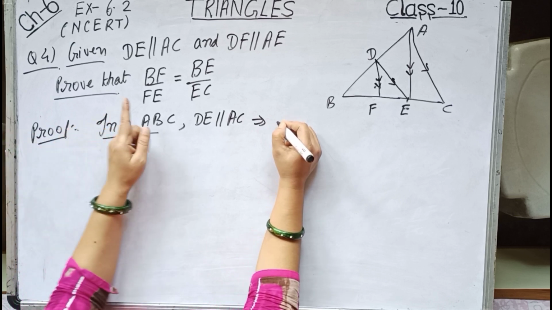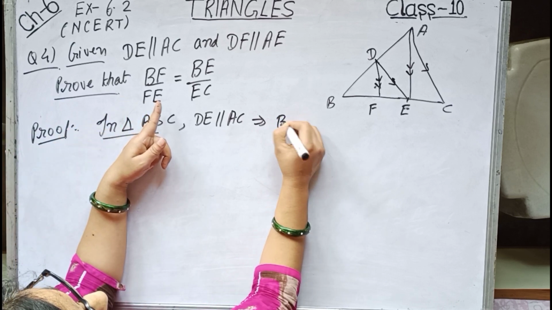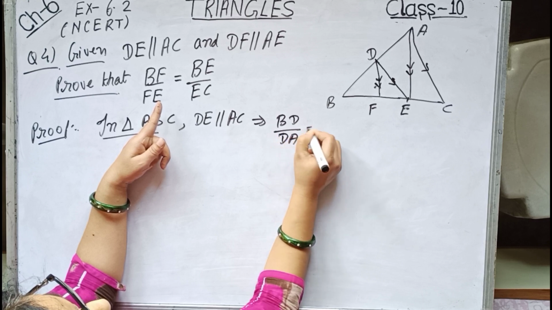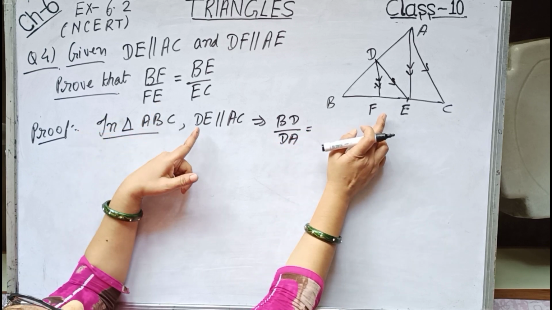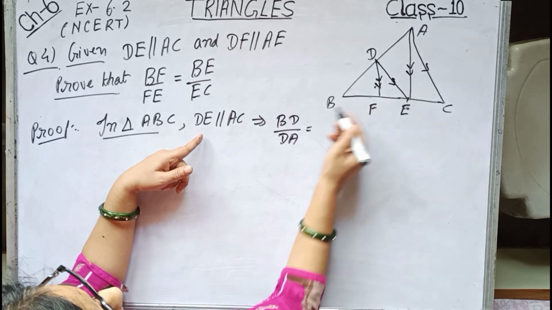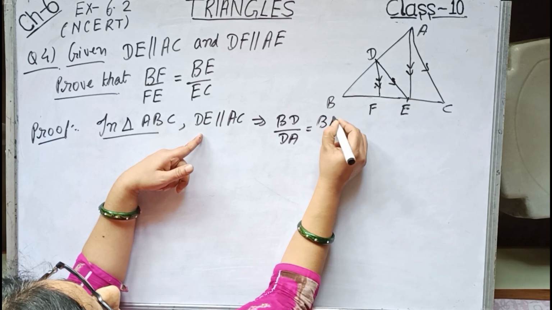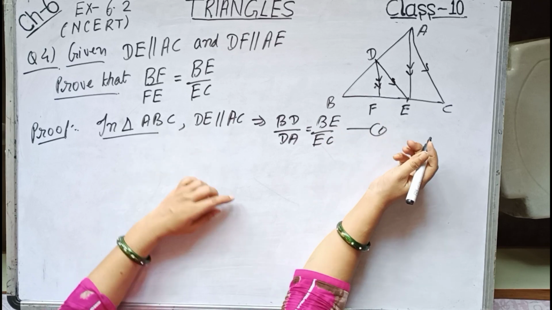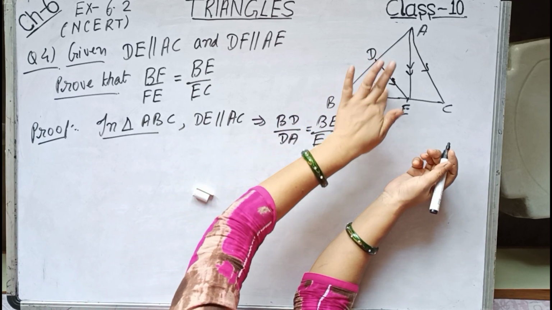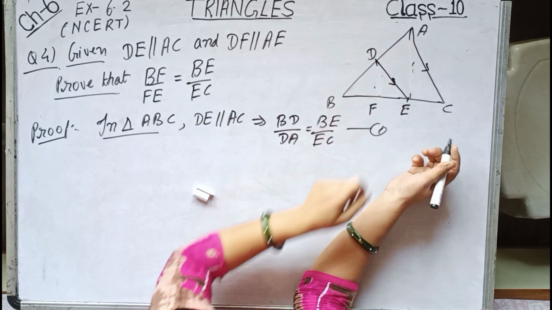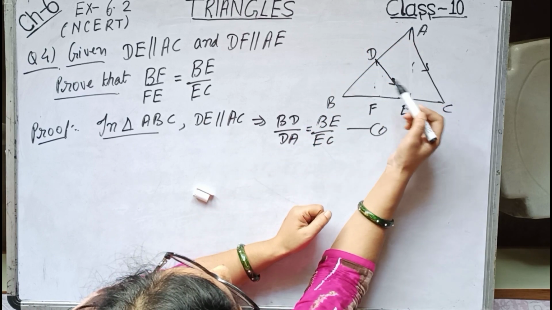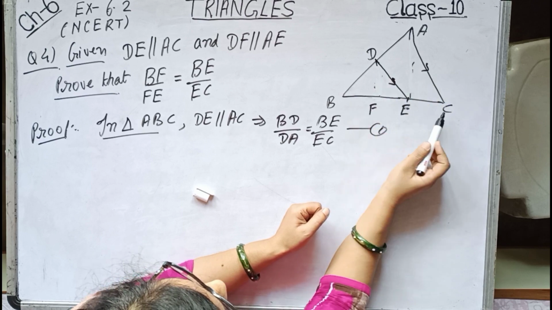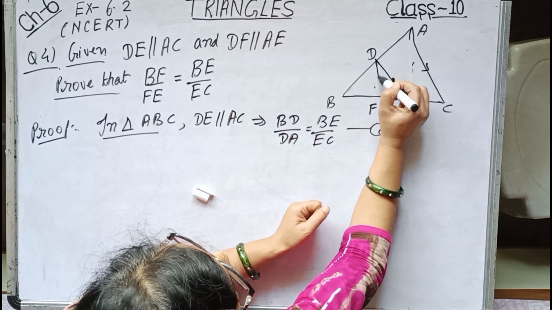This implies BD by DA equals BE by EC. Make it equation 1. Forget everything else. Now simply see, this line is parallel to this line, so BD by DA equals BE by EC. I think now you understand.